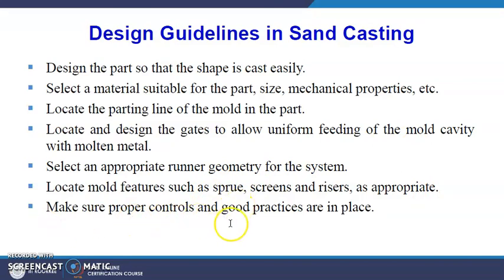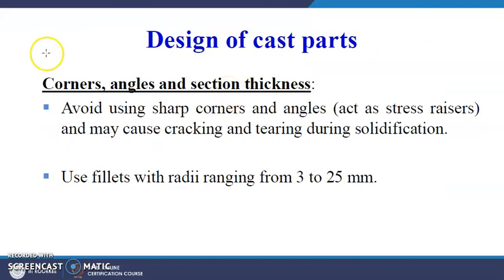Make sure proper control and good practice are in place. Means the gating system should be under proper control, so that you do not face any kind of difficulty during manufacturing. So these are a few design guidelines which you have to consider when designing the gating system for sand casting.